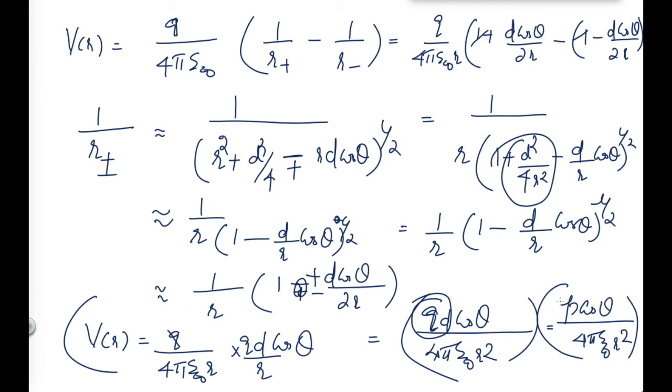Okay, now p cos theta, you can see that theta is the angle between p and r, so it is the angle between p as well as the position vector.